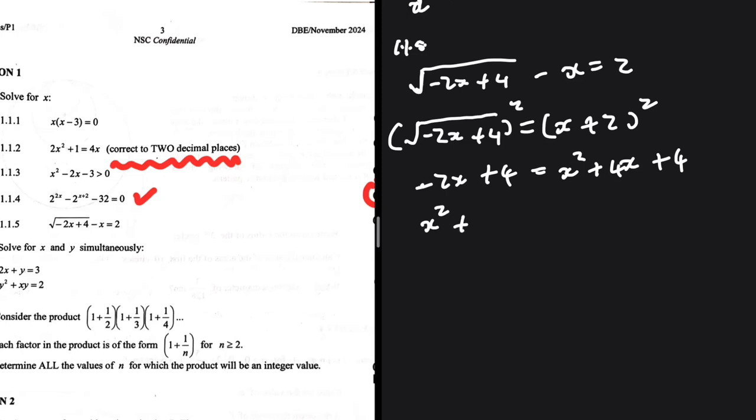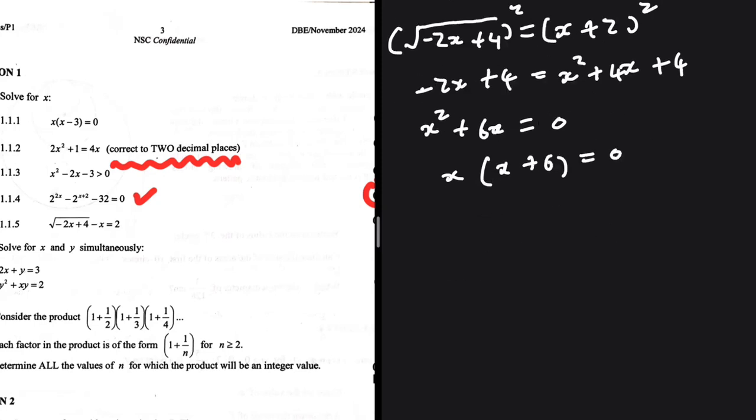So we get x squared plus 6x, and then 4 minus 4 gives us 0. So we have x squared plus 6x equal to 0. Take x as a common factor, we get x times x plus 6 equal to 0. So x is equal to 0, or x is equal to minus 6.